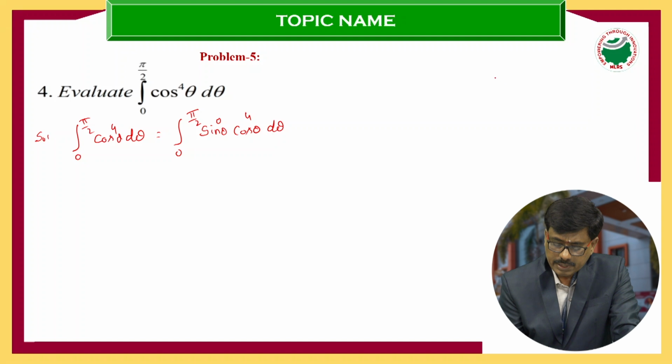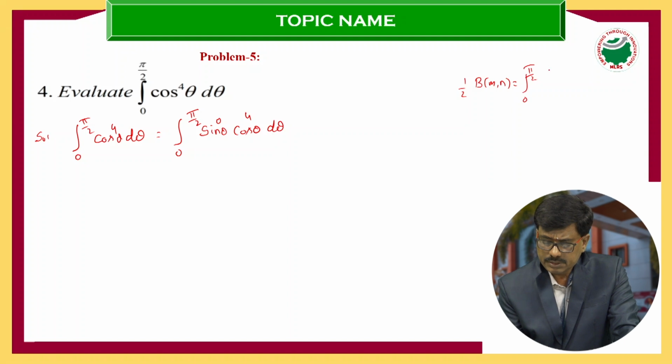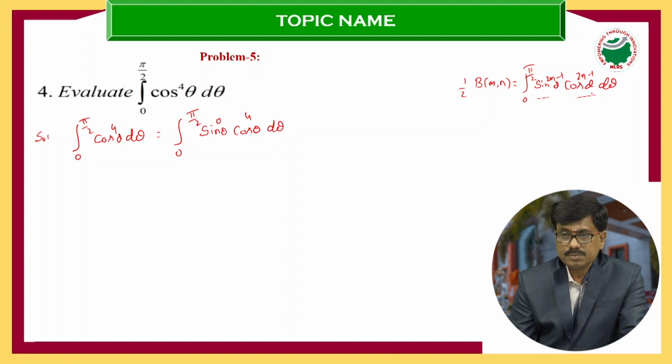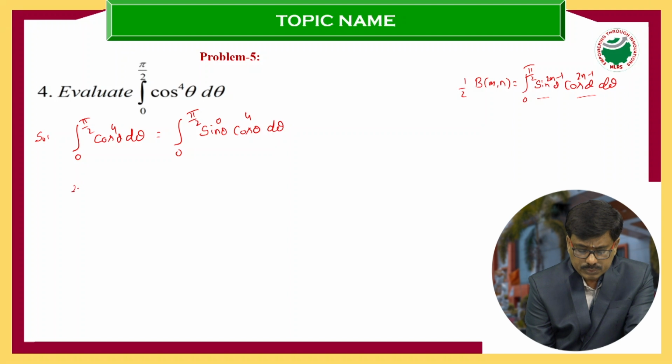Already we know the relation between beta and gamma in terms of trigonometric functions: integral 0 to pi by 2 sine power 2m minus 1 theta cos power 2n minus 1 theta d theta. Now I am going to compare the trigonometric power values. 2m minus 1 equal to 0, 2m equal to 1, m equal to 1 by 2.